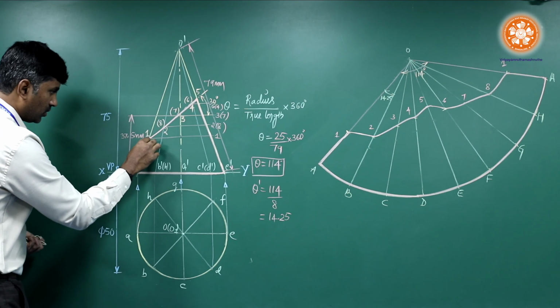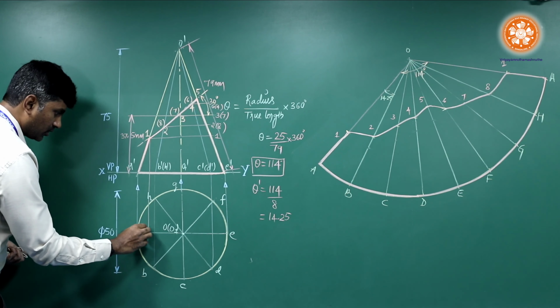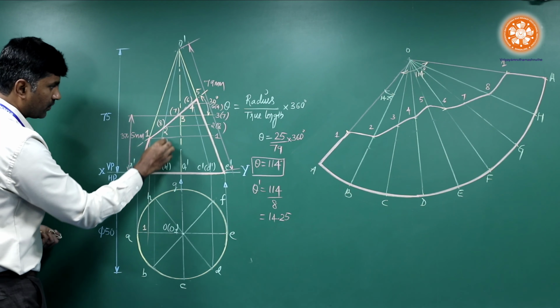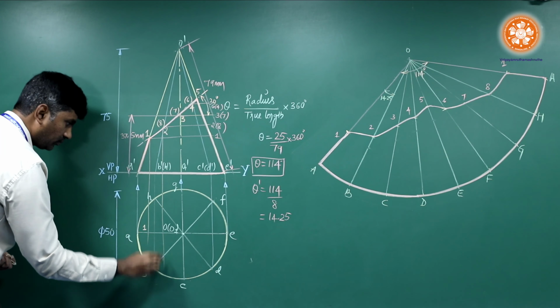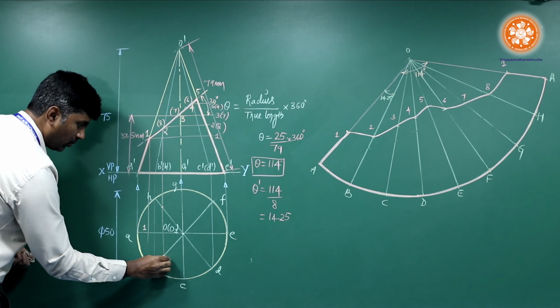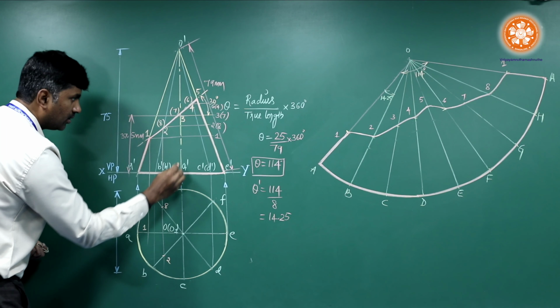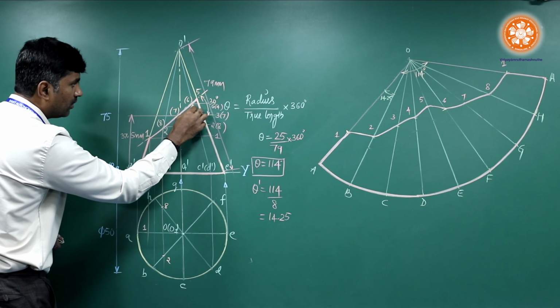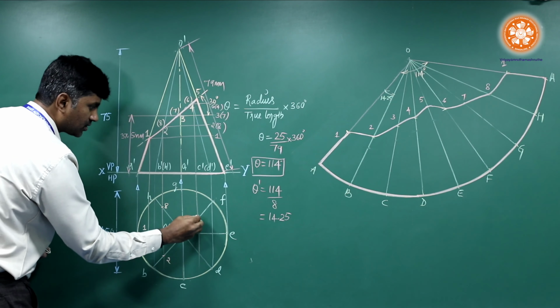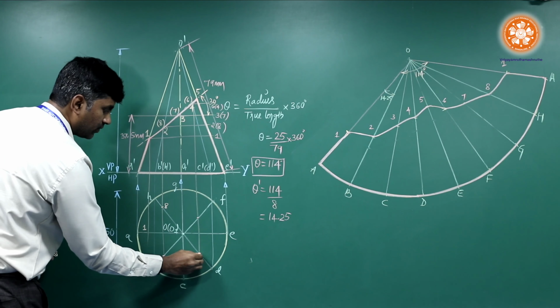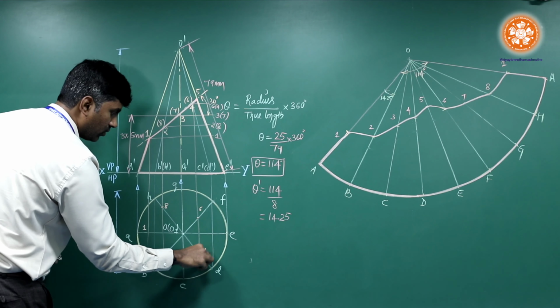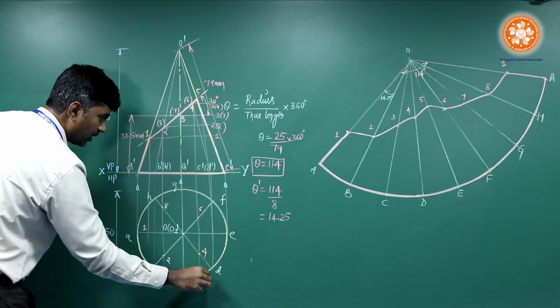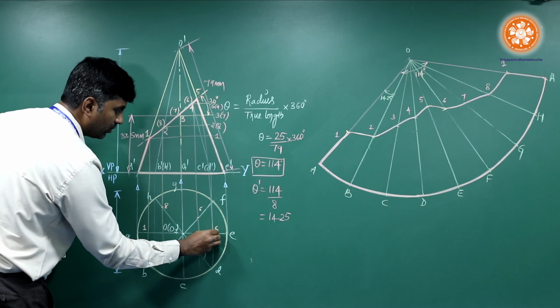If we project to get its top view, this is the point number 1. This is point number 2 and 8. Projecting 3 and 7, it is coming on the same line. And projecting this, we have 6 and 4. And projecting 5, we have somewhere here, point number 5.